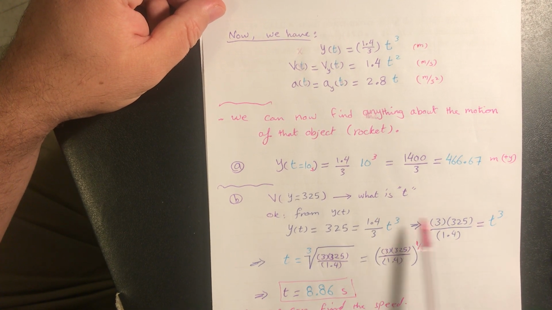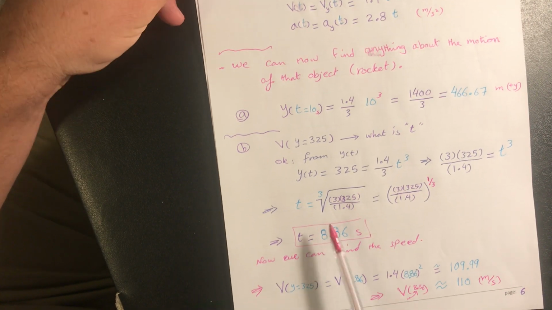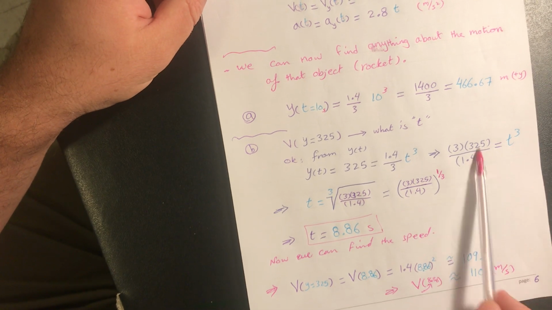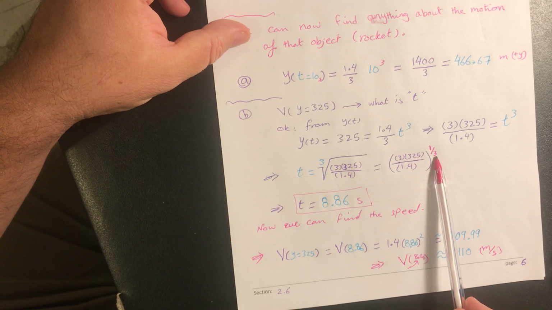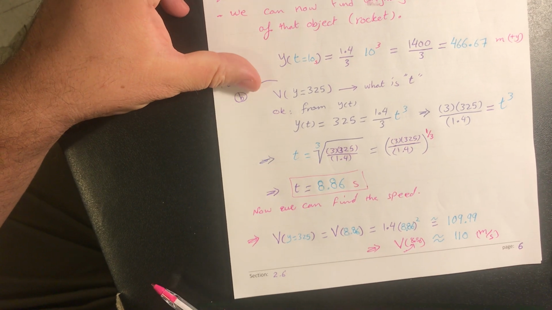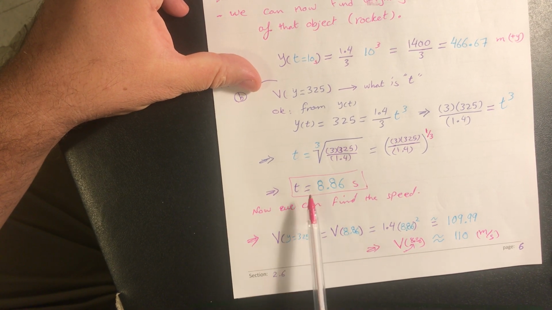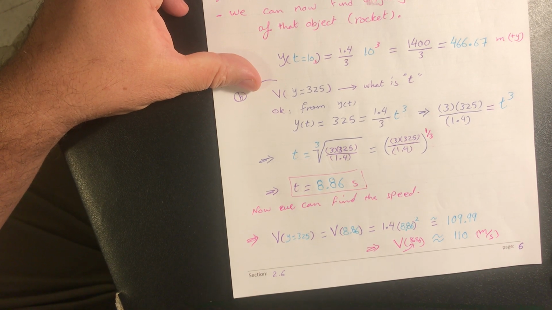It will be alone now. What is t? It is the cubed root of this quantity, or this quantity to the power of 1 over 3. So t in this case is equal to 8.86 seconds.